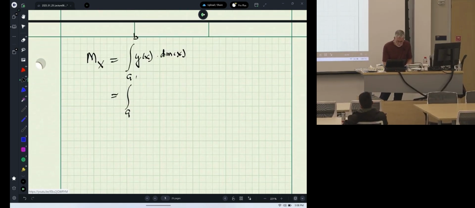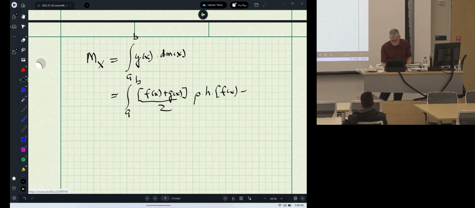And then now it's algebra. That differential mass is still rho times height, and then the height of the rectangle, which was the difference, times dx.